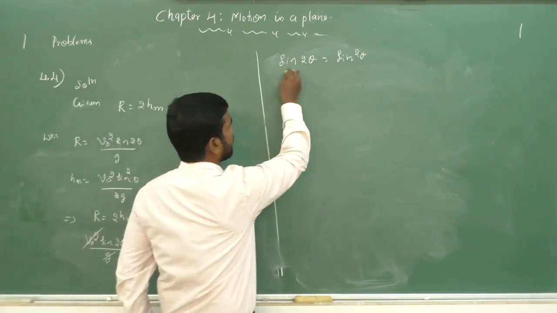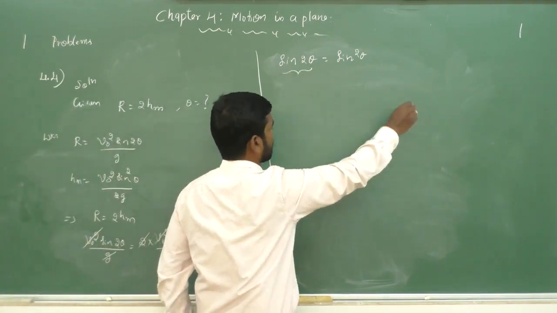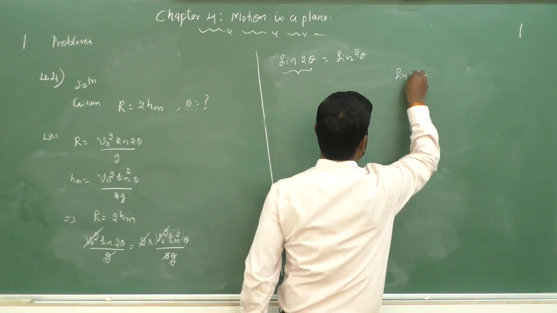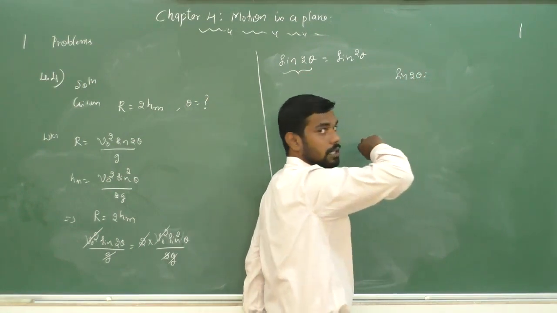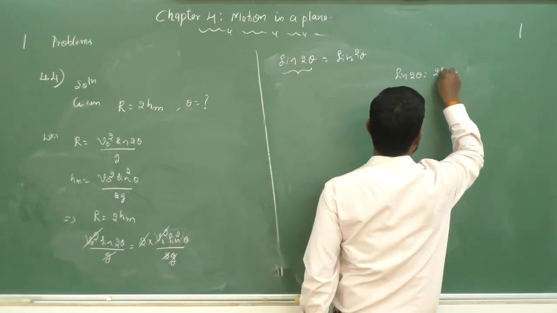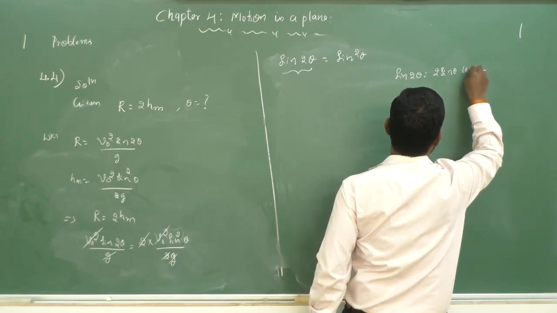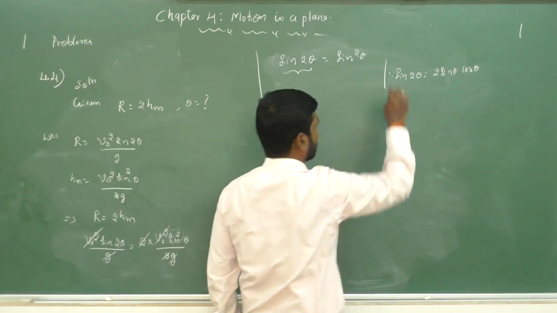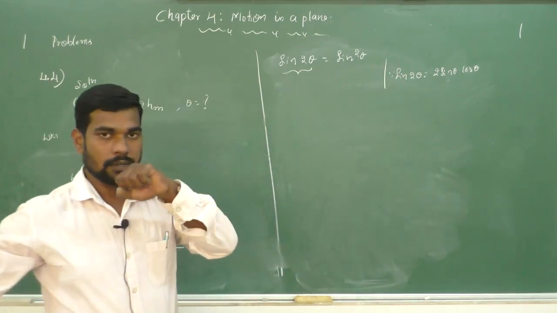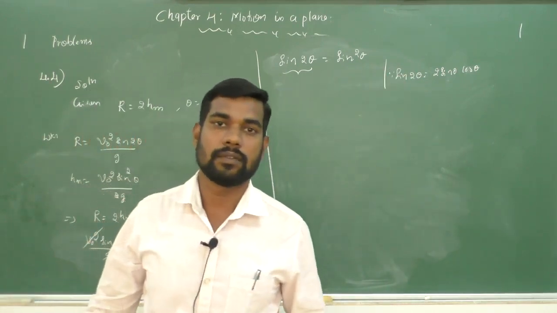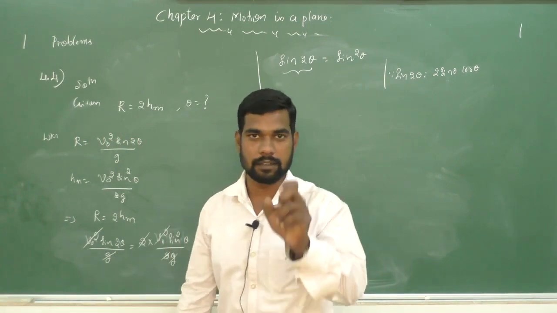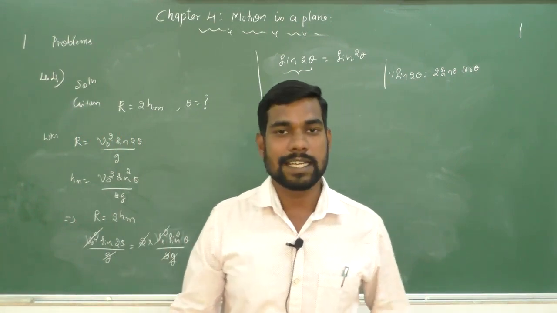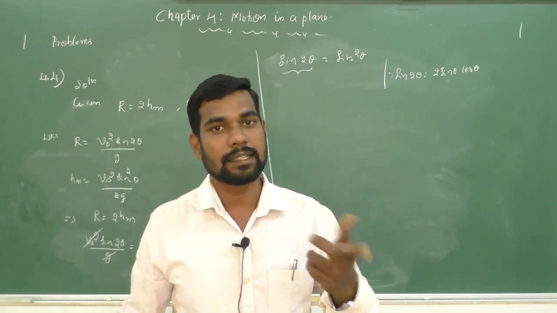Here sine 2 theta can be written like this; we have one more trigonometry formula: sine 2 theta is equal to 2 sine theta cos theta.